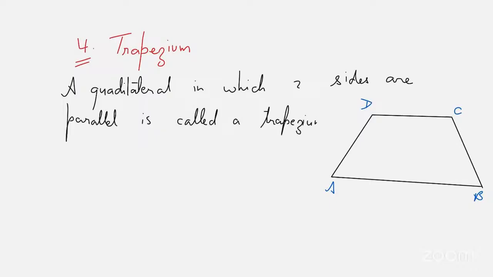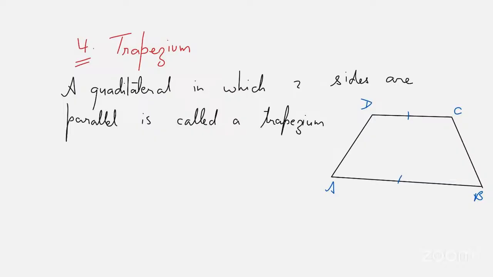That is the speciality of a trapezium, that two sides are parallel. AB and DC are parallel to each other, whereas AD and BC, if you extend them upwards, will go and cut each other. So AD and BC are not parallel, but AB and DC are parallel.